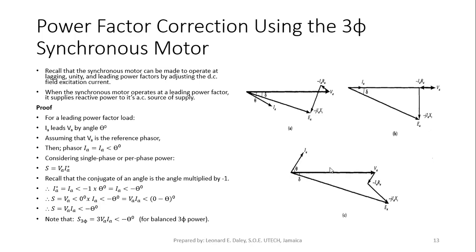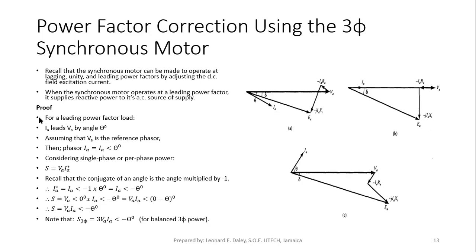We're assuming that VA is our reference phasor. So when a machine operates at a leading power factor, it will supply reactive power to the source, or to the system that it is connected to.